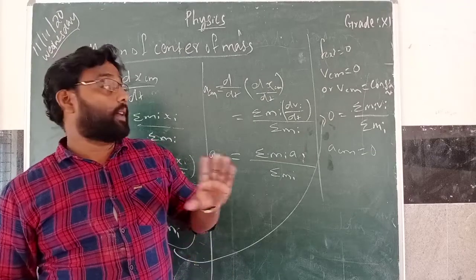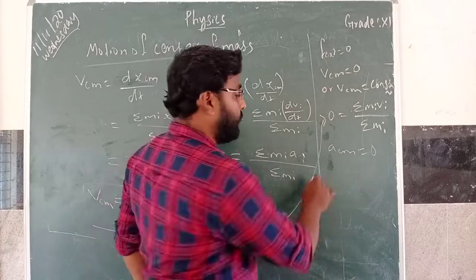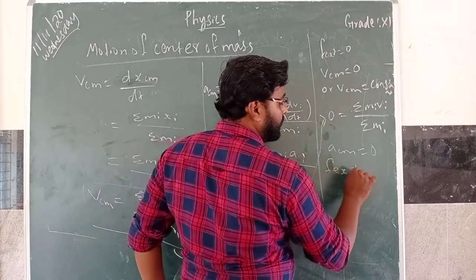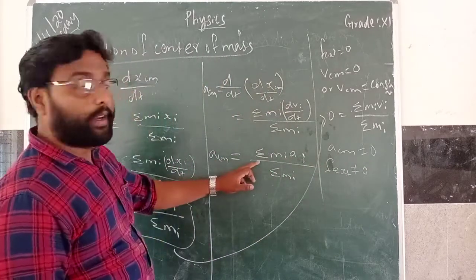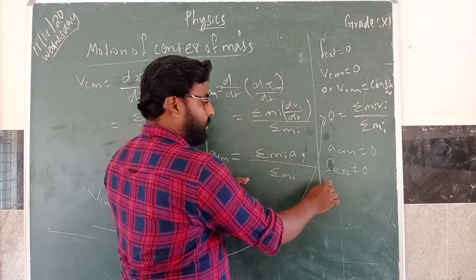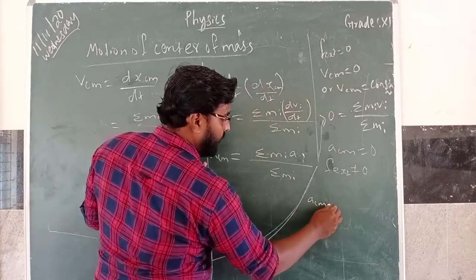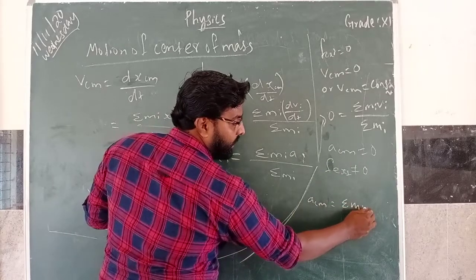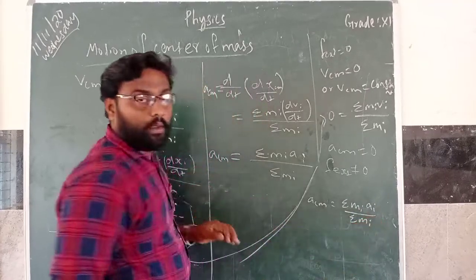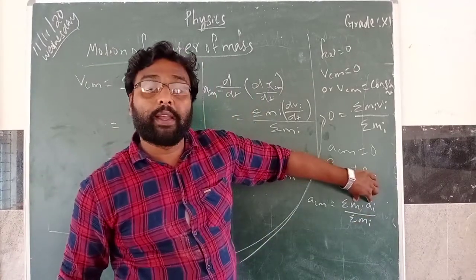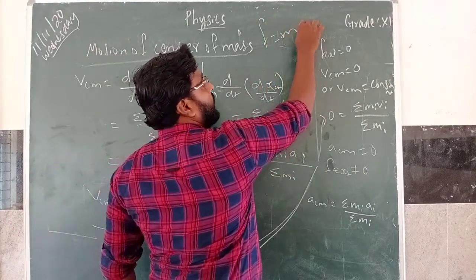Suppose there is an external force, the external force is not equal to 0. What will happen? See this formula: acm equal to sigma mi ai by sigma mi. What is mi ai? ma means external force, F is equal to ma.